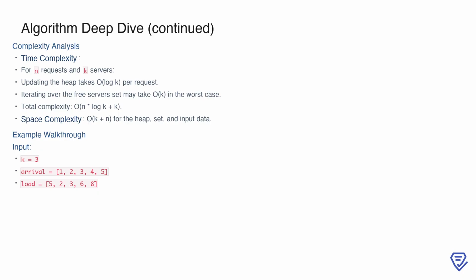For space complexity, we require O(k + n) due to the heap, the free servers set, and the input data. To solidify our understanding, consider an example where k equals 3, arrival times are 1, 2, 3, 4, 5, and load times are 5, 2, 3, 6, 8. This example will illustrate how requests are sequentially assigned to servers while managing their availability dynamically.